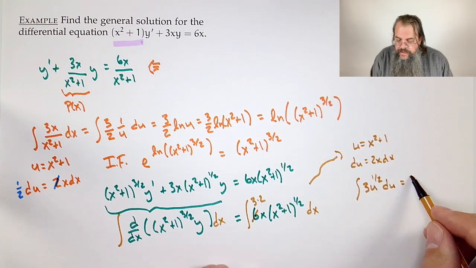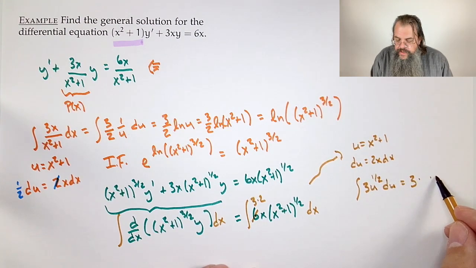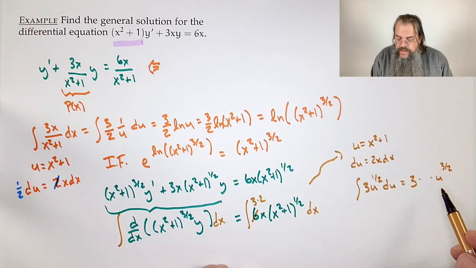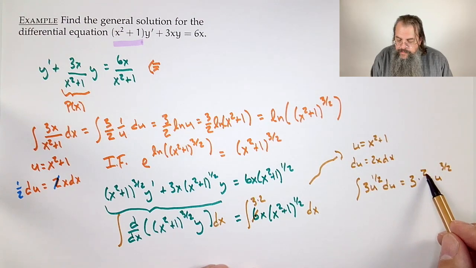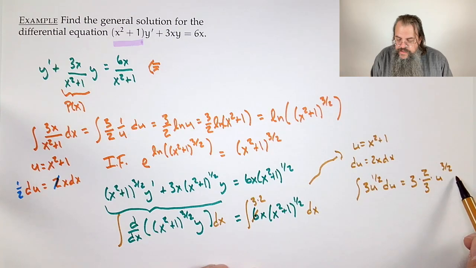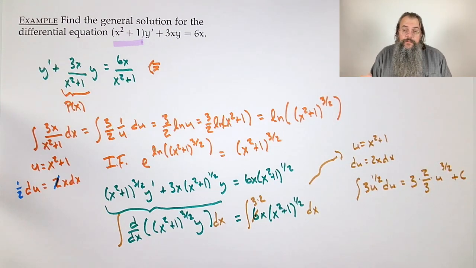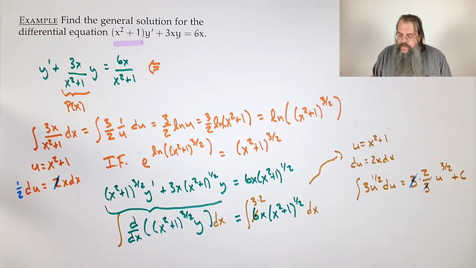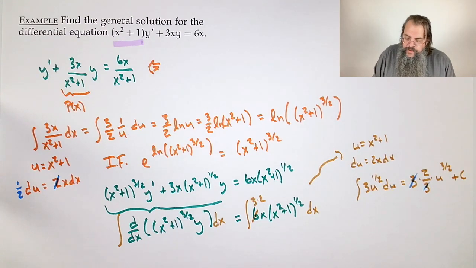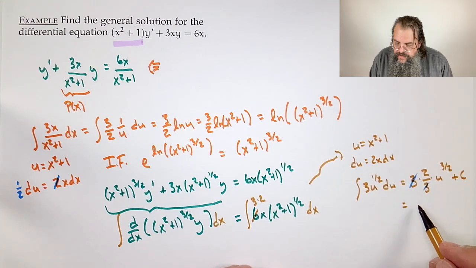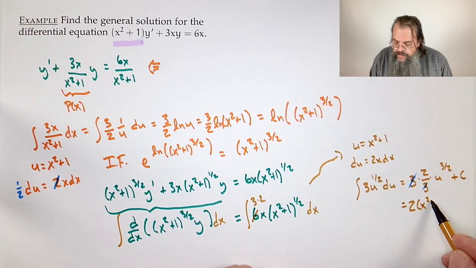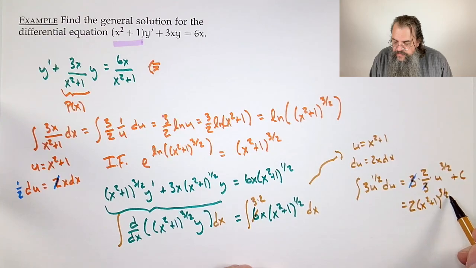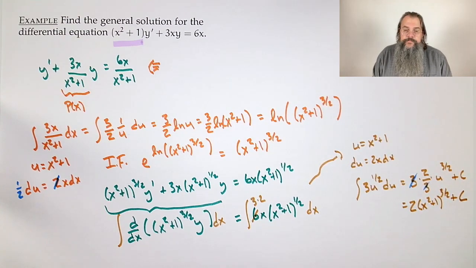So, all right, there's 3. Then we're going to have u to the 3/2 power. And then in front, multiplied by the reciprocal, 2/3. And don't forget that we need to have a plus c at this stage. Well, all right, we can cancel the 3's. Nice. And what do we have? Well, we have that this is 2 times (x squared plus 1) to the 3/2 plus c.